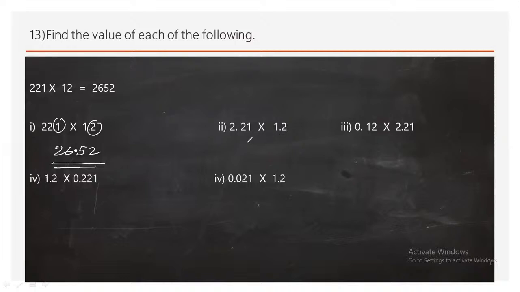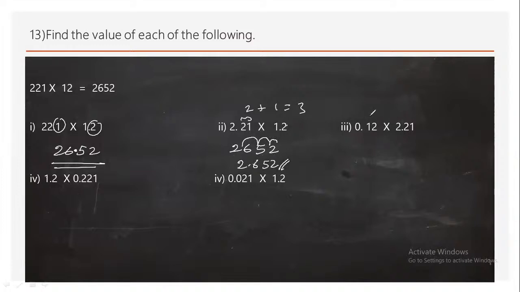Next here 2.21 into 1.2. Right? Then here also you can write 221 into 12. What is the answer here? 2652. Altogether here 2 decimal places. Here 1 decimal place, 3. Separate 3 decimal places. Then the answer is 2.652.